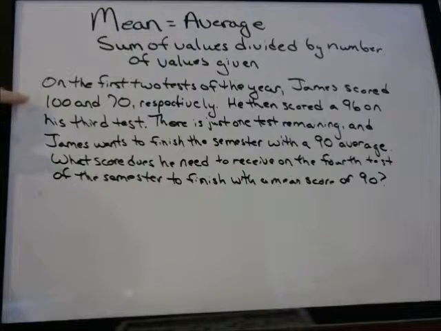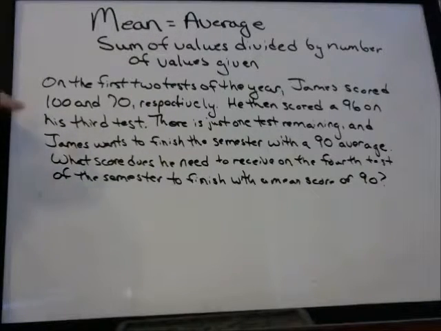He then scored a 96 on his third test. There is just one test remaining, and James wants to finish the semester with a 90 average. What score does he need to receive on the fourth test of the semester to finish with a mean score of 90? So a lot of words, but we just really need a few of the numbers here.